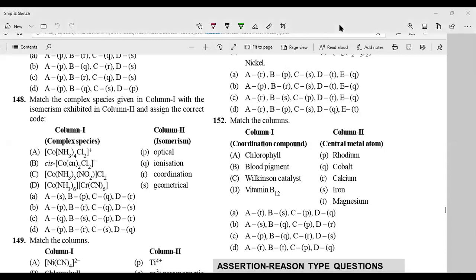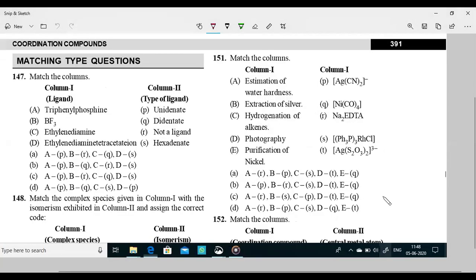Next, one more also. Take the screenshot for this one also.